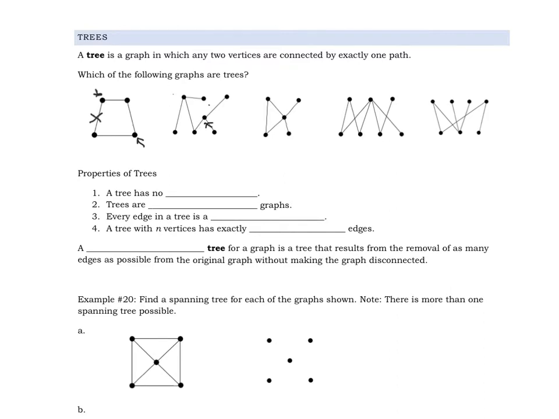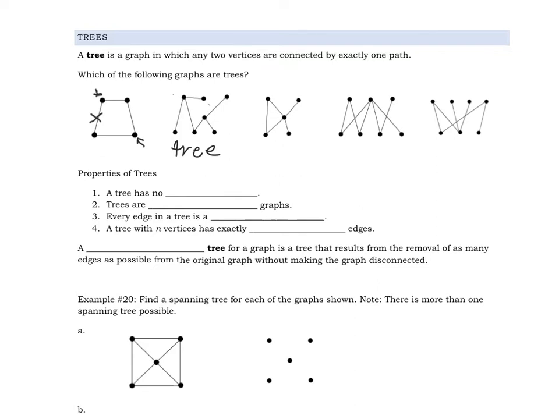Well, that point would become disconnected, so that's a no. And if I remove this edge, that would become disconnected from the rest of the graph. So it looks like this follows the definition. It's a graph in which any two vertices are connected by exactly one path. So this is a tree.